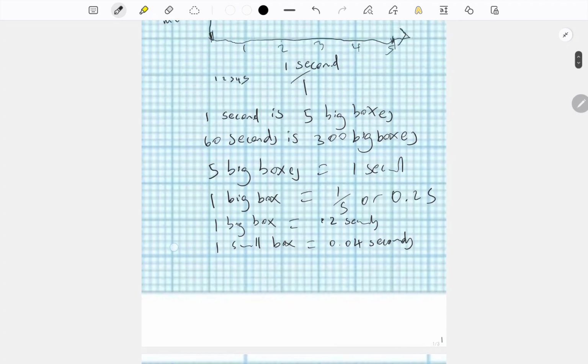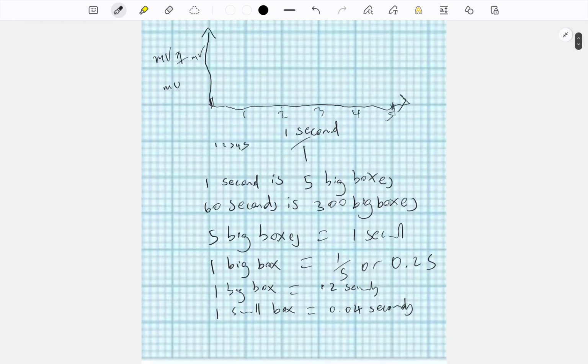So what we're saying, for example, is that if I have a situation like this, each one of these would be 0.2.